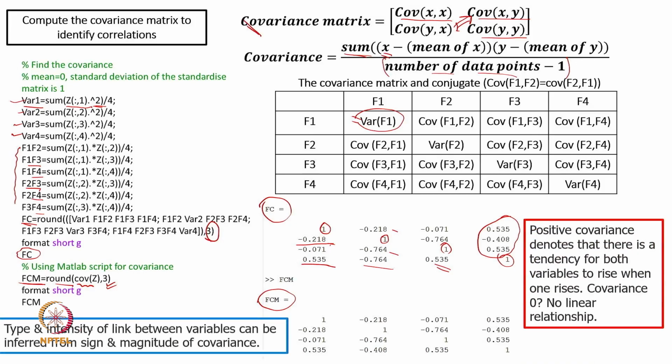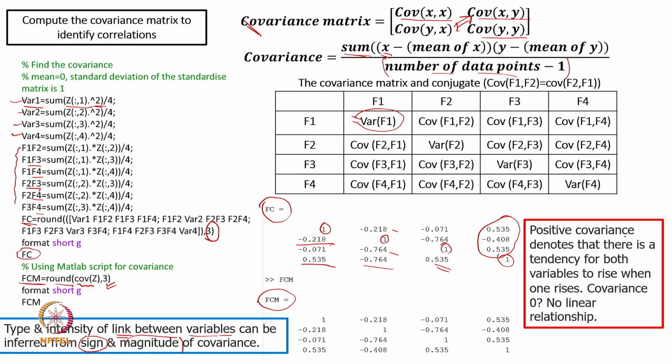We say the type and intensity of the link between the variables can be inferred from the sign, whether negative or positive, and the magnitude of the covariance. A higher magnitude of covariance means more impact, a low value means lesser impact, right.